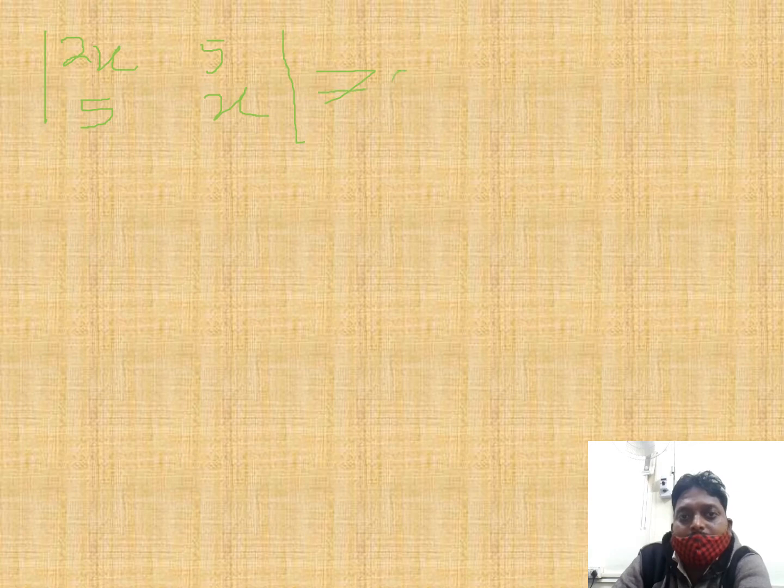All of you know this is 2x, this is 5, this here is also 5. Here is x, and their determinant is equal to, sorry, what is given there, just look here, actually 1 is given.